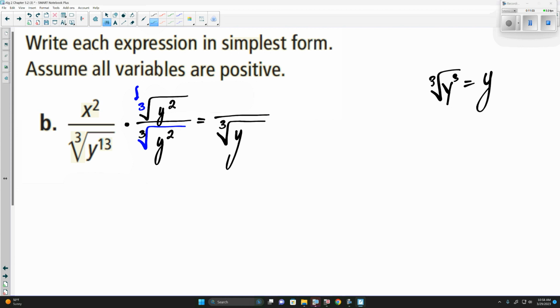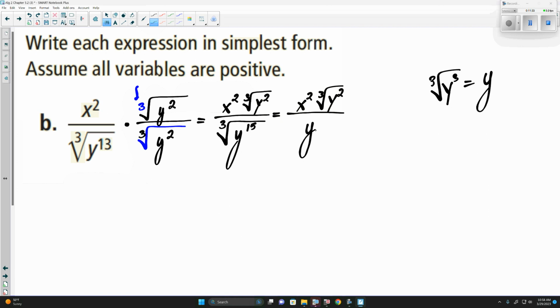Now in the denominator, we are going to have the cubed root of y to the 15th, which is what we wanted. The numerator is going to be x squared times the cubed root of y squared. Because we can't multiply the x squared and y squared, since the x squared does not have a cubed root, it just stays out front. And we'll have that in our final answer.